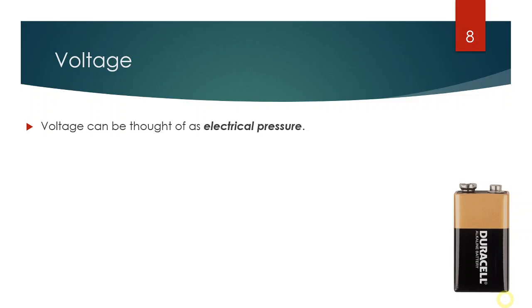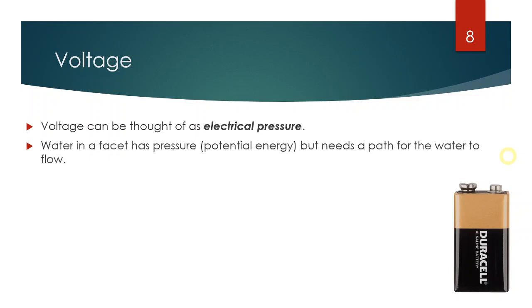You just can't get it out of the faucet till you actually allow a path for that water to flow. But that pressure is there, and that's what we have in a battery as well. It's electrical pressure. It's available to us. It's not being used. This battery right here is not being used at the time, but it has a certain voltage that is available to us.